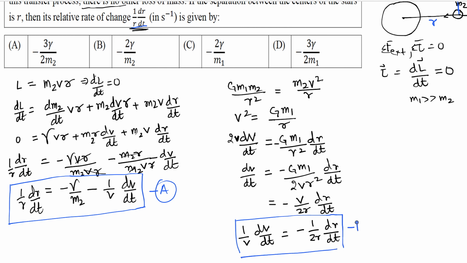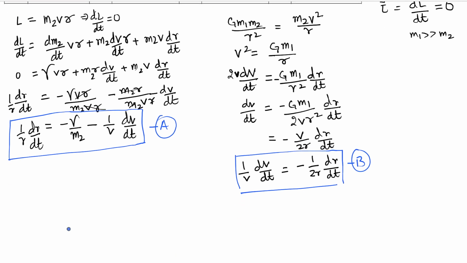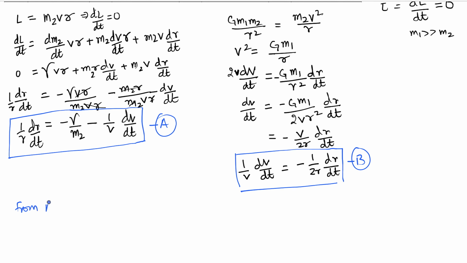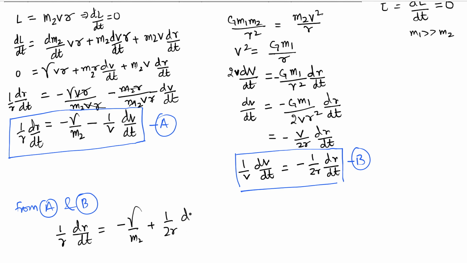So if we box this also and call it B, then we have from A and B, 1 by r dr by dt equals minus gamma by m2 minus 1 by v dv by dt. So we can simply use this one, so plus 1 by 2r dr by dt.